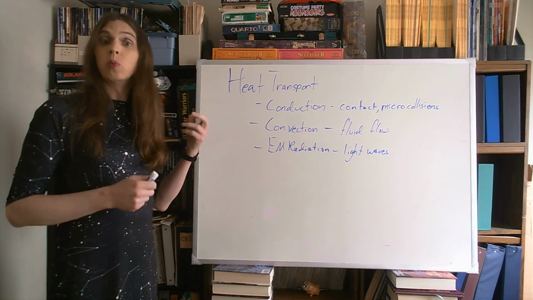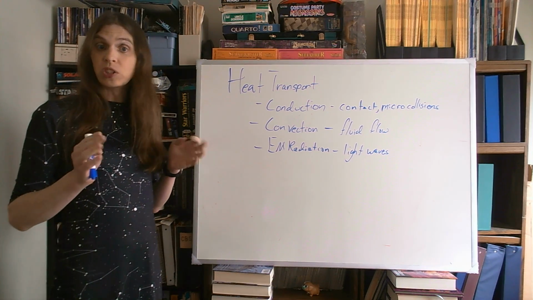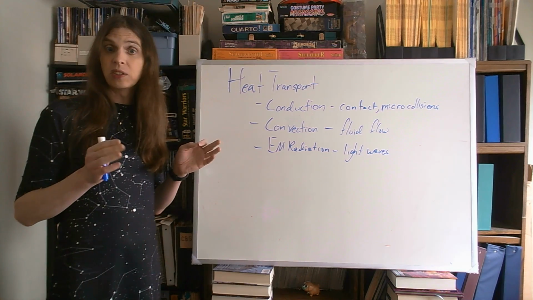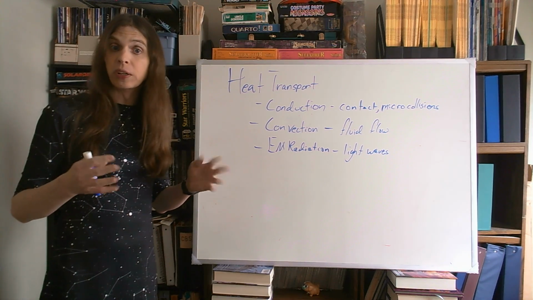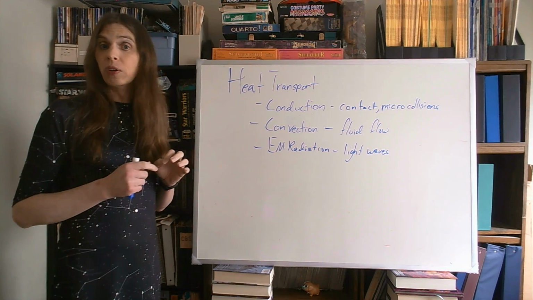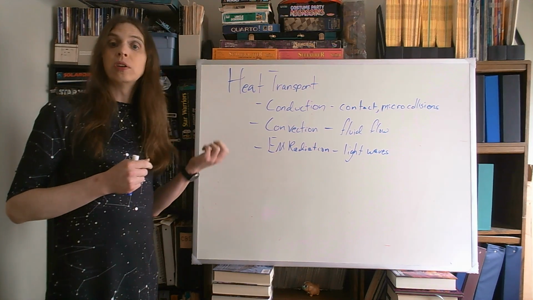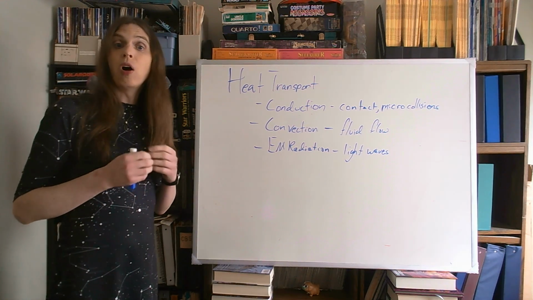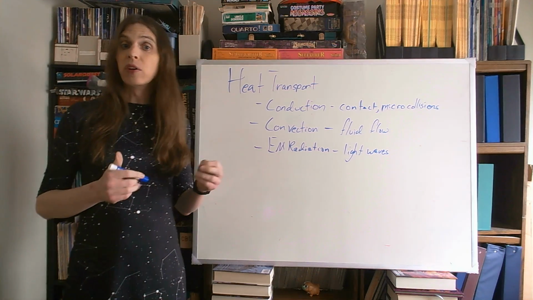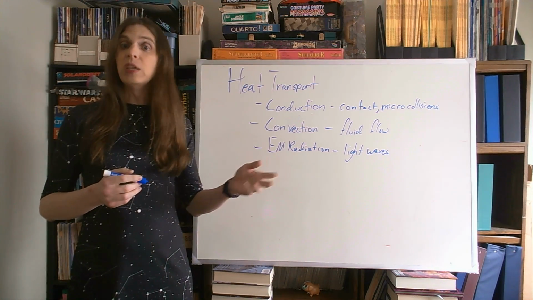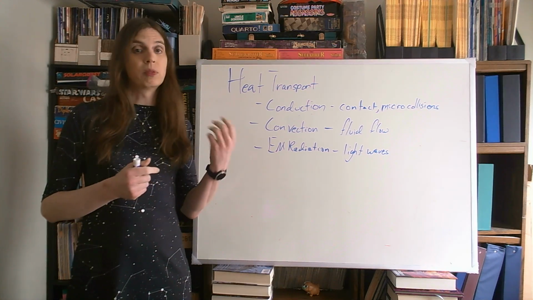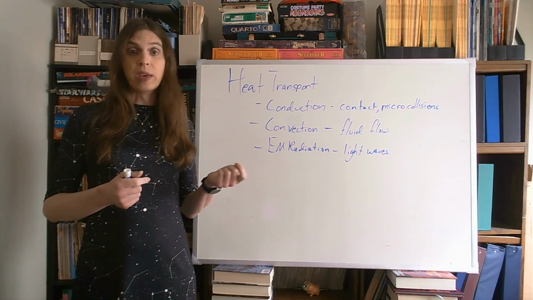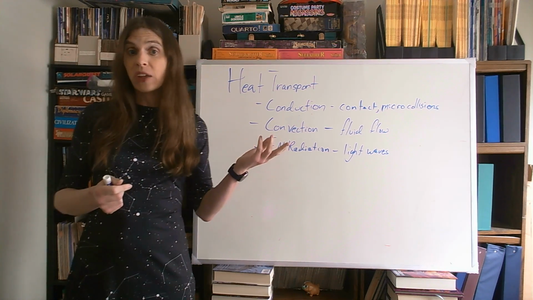With conduction, we were talking about heat transportation through direct contact, which we get with a series of microcollisions within the materials involved. Convection involves moving the energy through heat by transporting it with fluid flow, motion of a liquid or a gas, or you could include plasma as well.